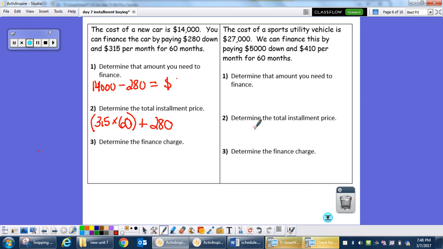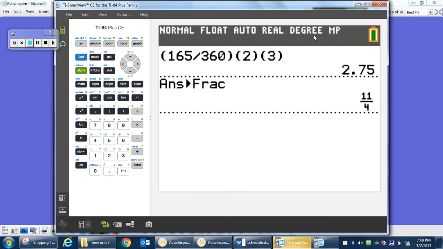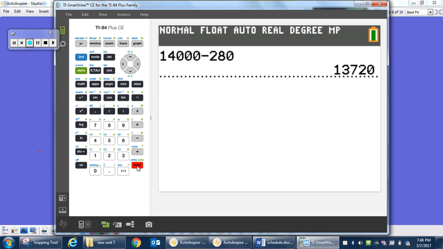Okay, so first I'm going to do the amount financed. I was going to say it was $11,200, so let's see if it is. 14000 minus that measly little down payment of $280. Oh, jeepers creepers, I was super duper way off. I had a typo in my answer key.